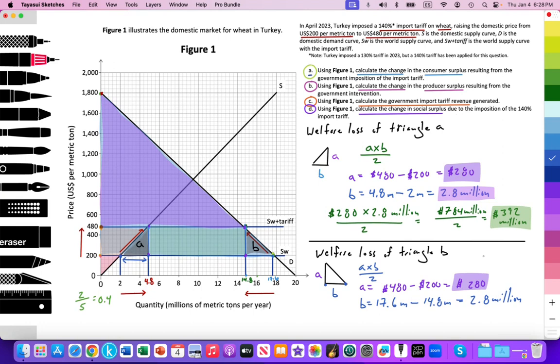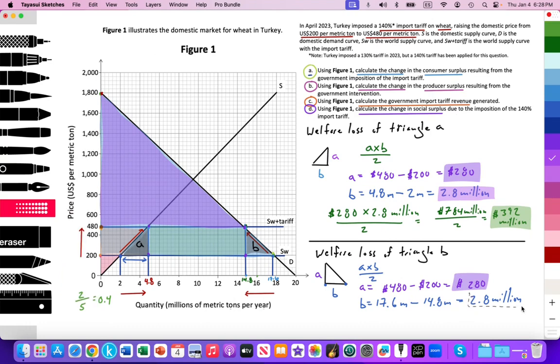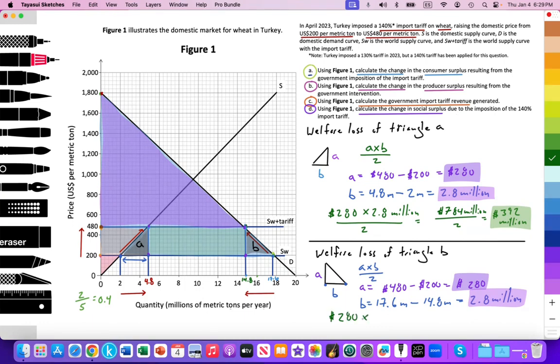So coincidentally, in this example, we can see that we have these two triangles that are exactly the same. But let's just go over the workings anyway for practice. So here we have 280 times 2.8 million divided by 2.